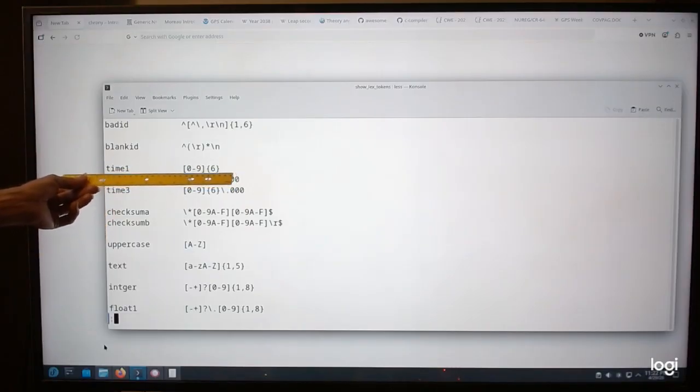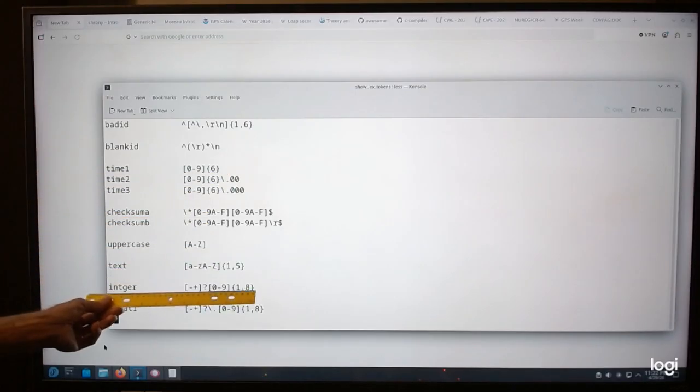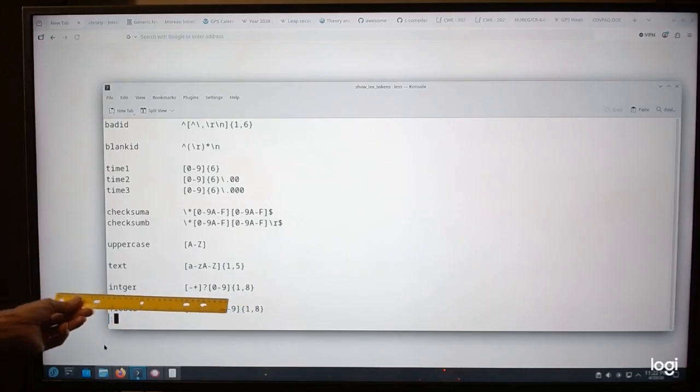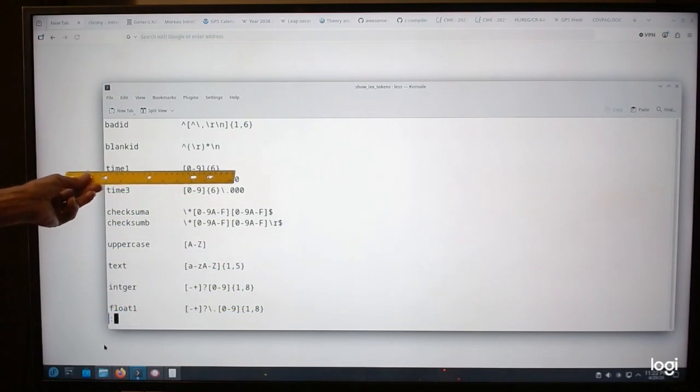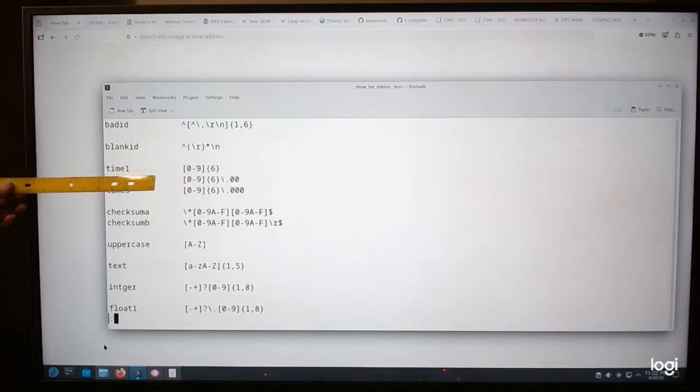So if there's a time here that would match, say, an integer, with the same size as an integer, since the time one is listed first, the time token wins.